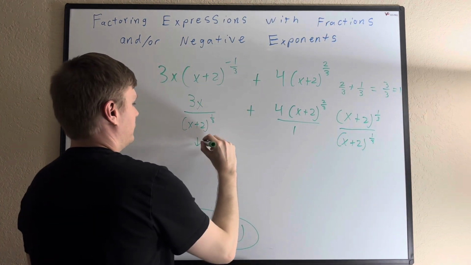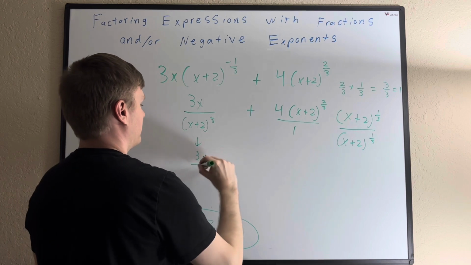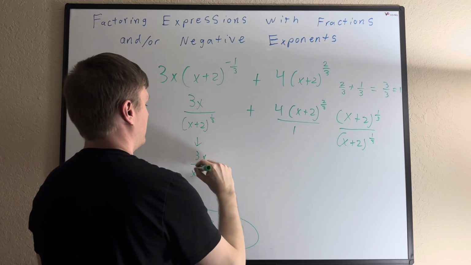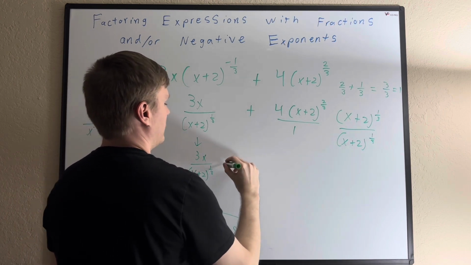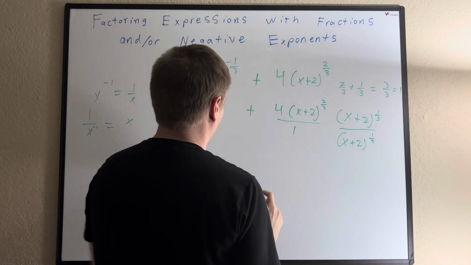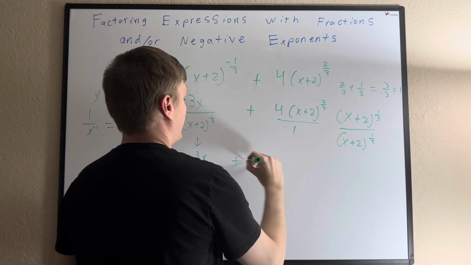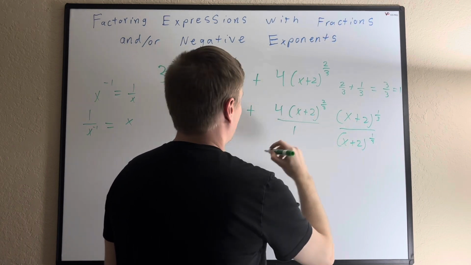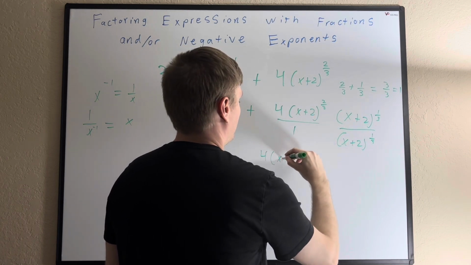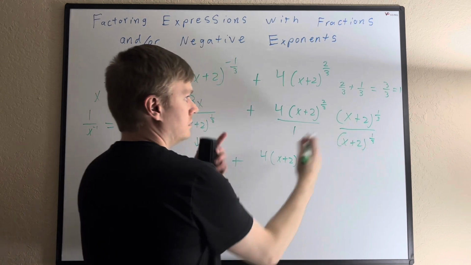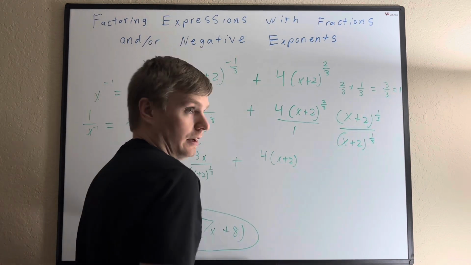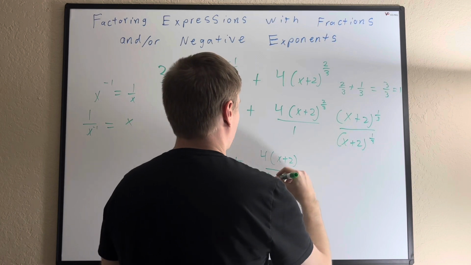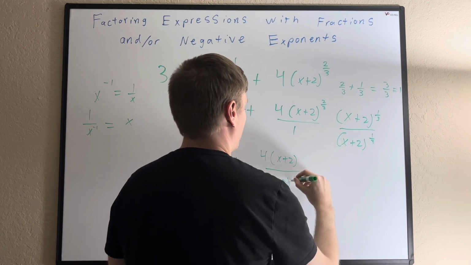So let's move this down to the next step here. So 4 times x plus 2 to the 1 power, which is just x plus 2, over x plus 2 to the 1/3.